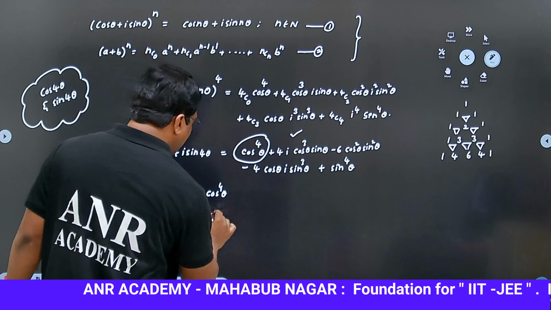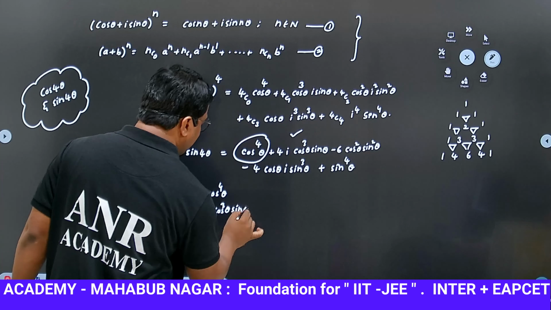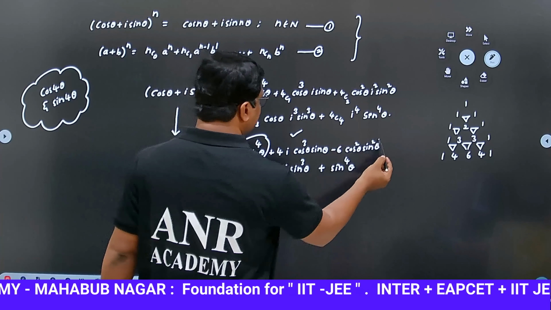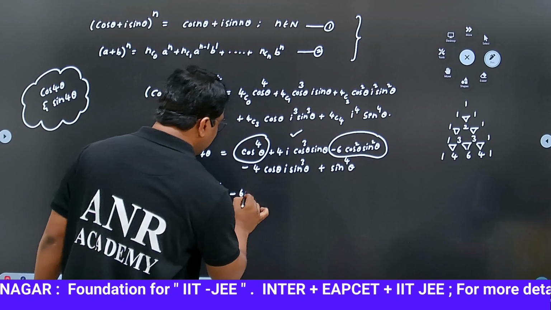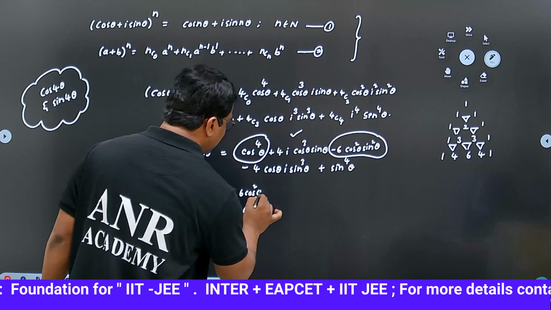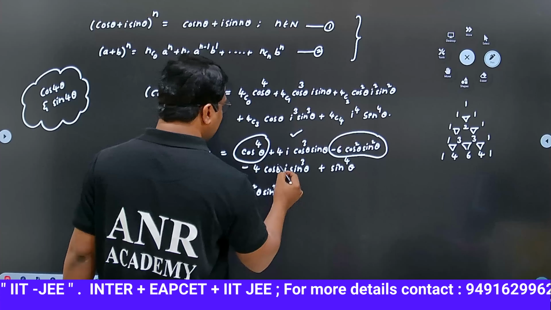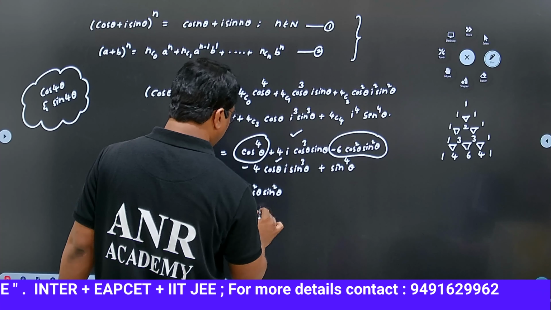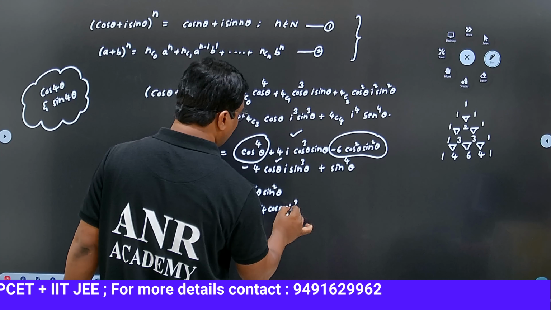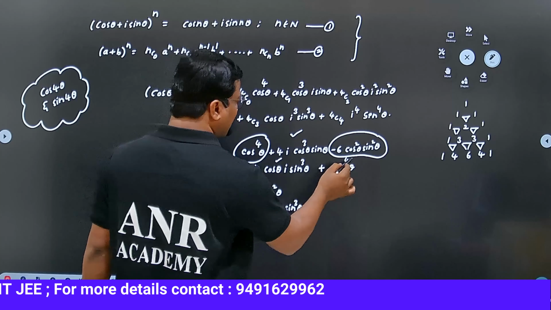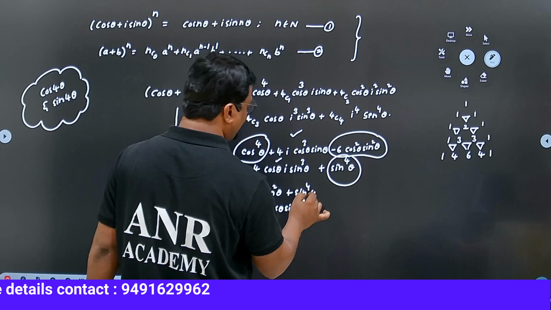So 4 cos^3 theta sin theta. Next, this is the real part, that is minus 6 cos^2 theta sin^2 theta. Next, this is imaginary, so here you have to write 4 cos theta sin^3 theta, and this one is the real part, so here you have to write sin^4 theta.